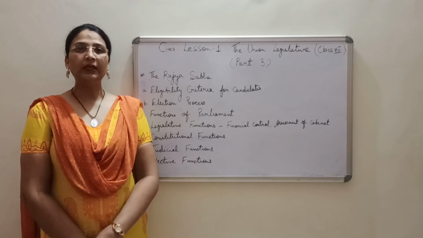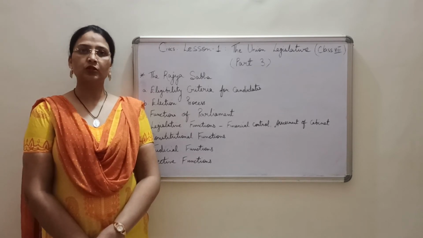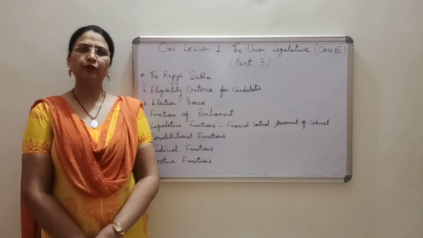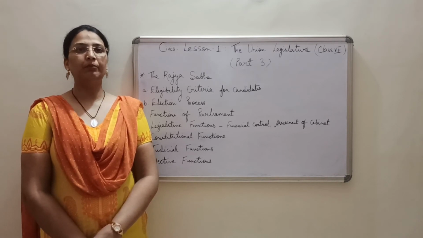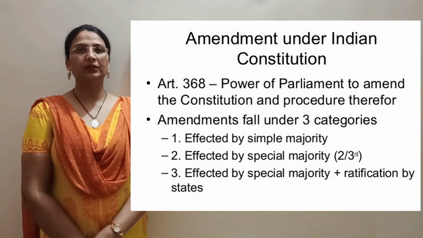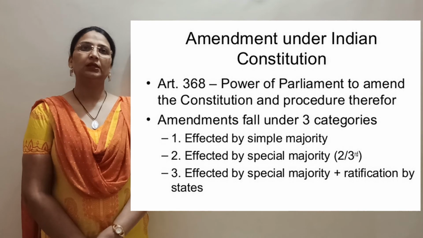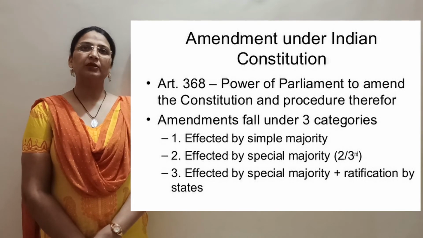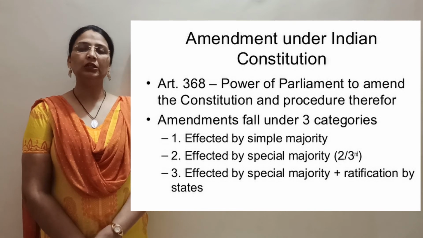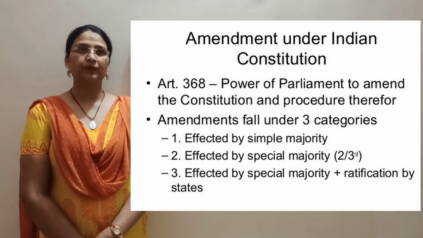There are three types of bills for Constitution amendment. The first one requires a simple majority. These bills need to be passed by the simple majority, that is, a majority of members present and voting in each of the houses.